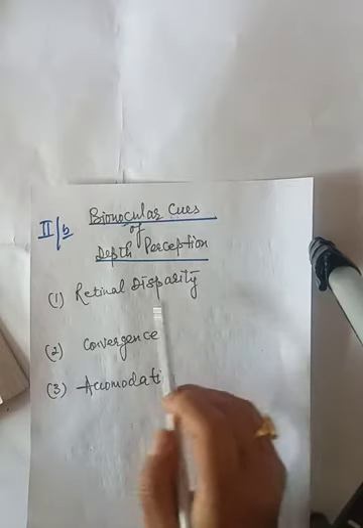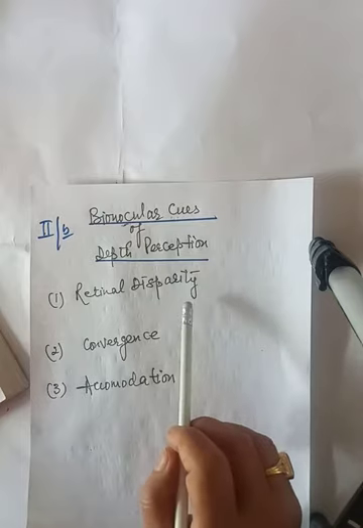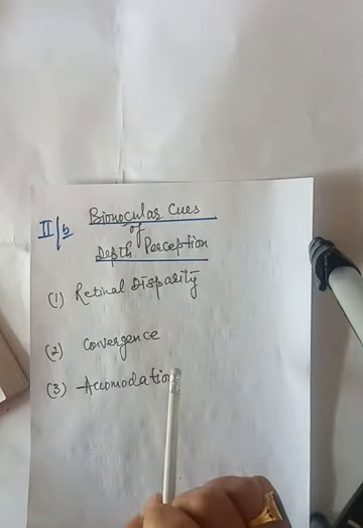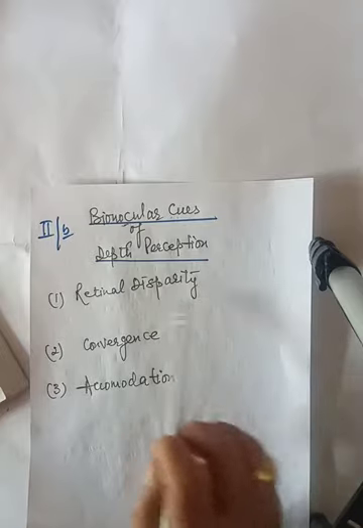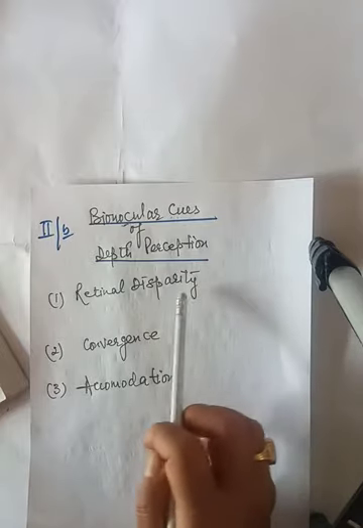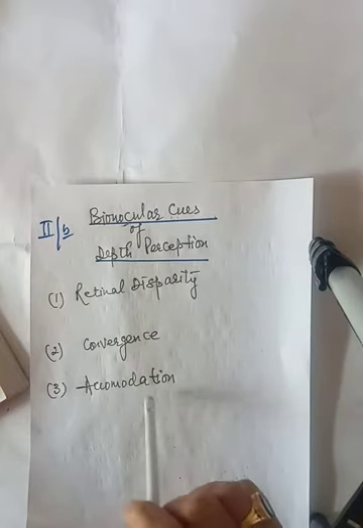So this retinal disparity gives us a cue for distance or depth. It's a binocular cue because both eyes make different images. When the images compound to make a single image, that cue is provided to us.